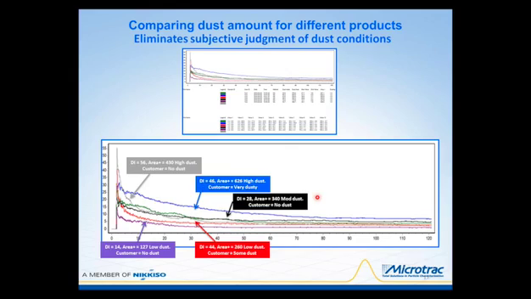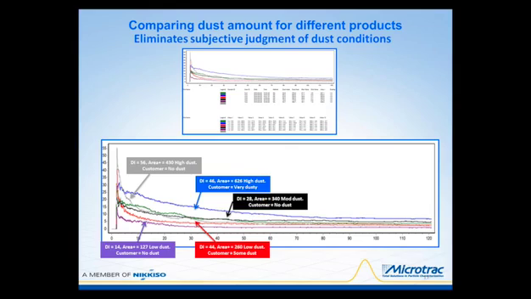But then we get into another situation, as we did over here with this gray curve, where we experienced high dust, but the customer wasn't expecting dust. Again, over here with this material, we see a value for the area plus the max of 340, indicating a moderate dust level.